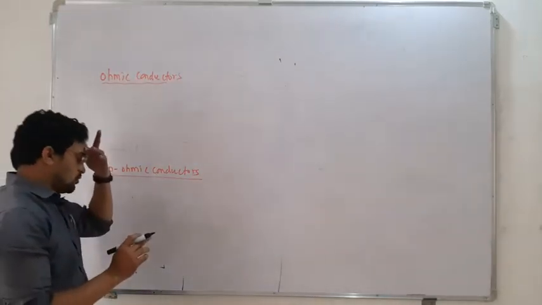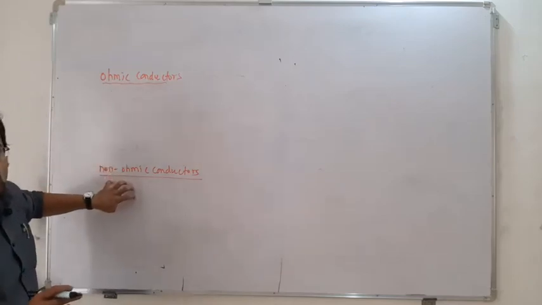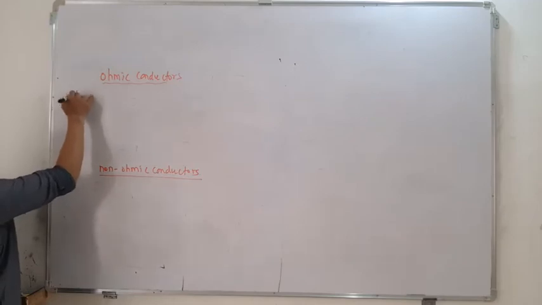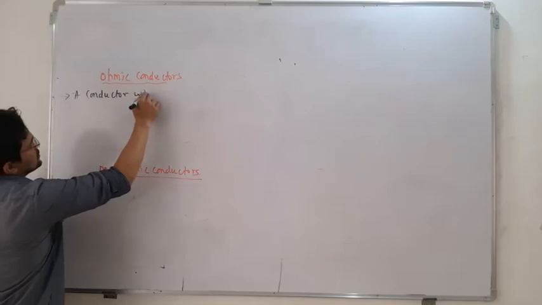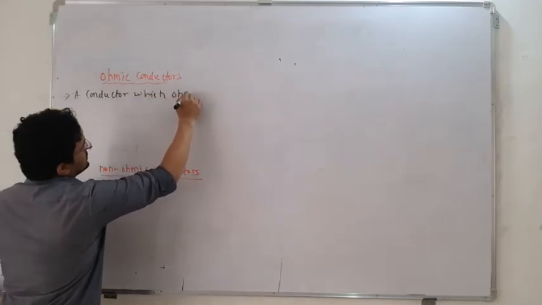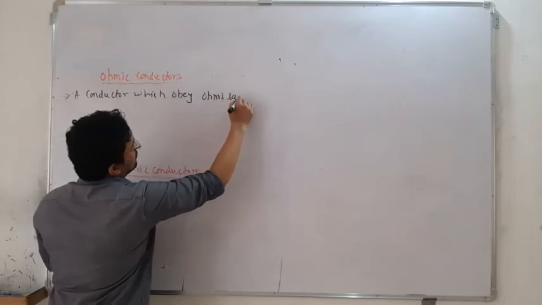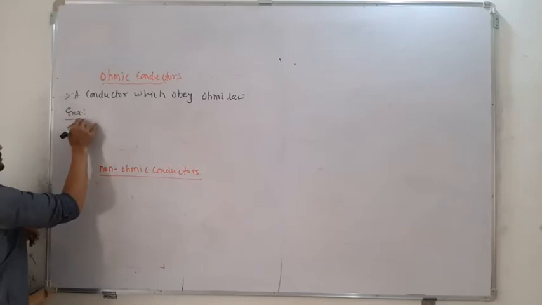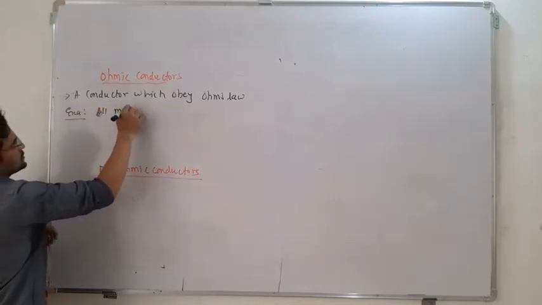Next we are going to deal with the ohmic device or the ohmic conductor and the non-ohmic conductor. So the definition is very simple. A device or conductor which obeys, that means follows, Ohm's law, is called an ohmic conductor. An example for this: all metallic conductors.